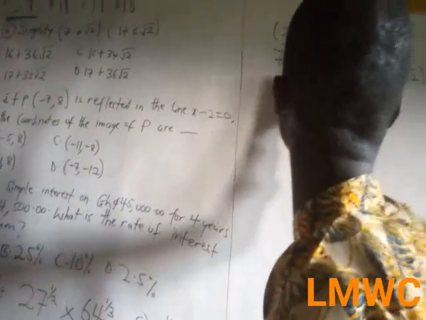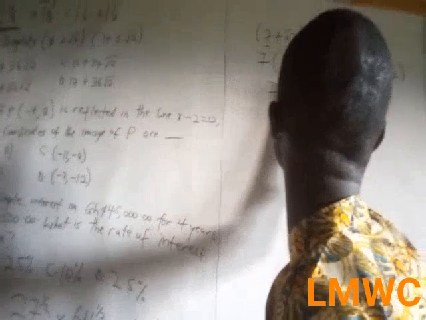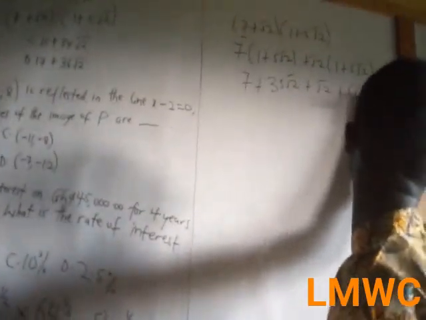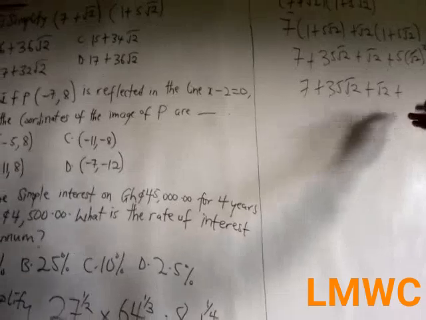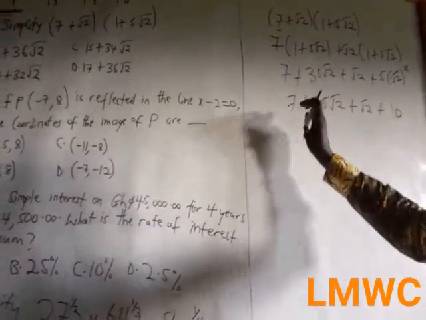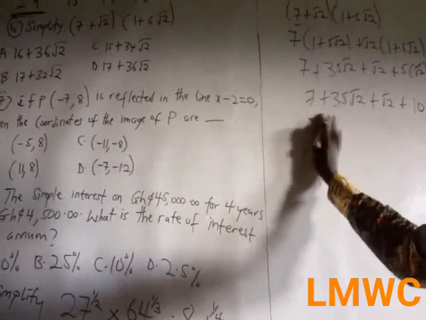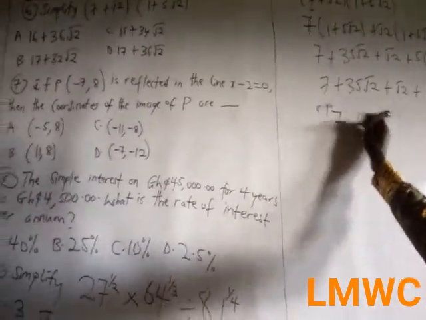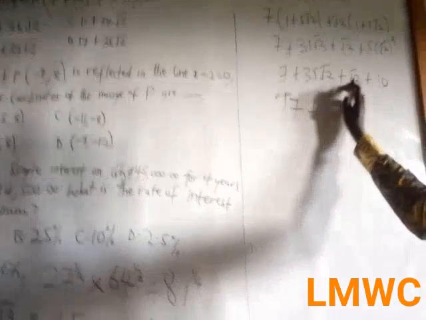So 7 times 1 is 7, plus 7 times 5, 35 root 2, plus root 2 times 1 is root 2, plus this times this, we have 5 root 2 squared. Now we are having 5 bracket 2, so 5 times 2 is 10. So 7 plus 10, we have 17, plus 35 root 2 plus root 2.